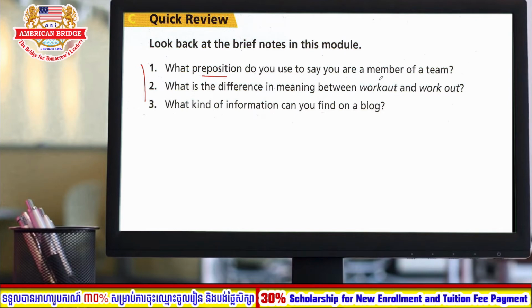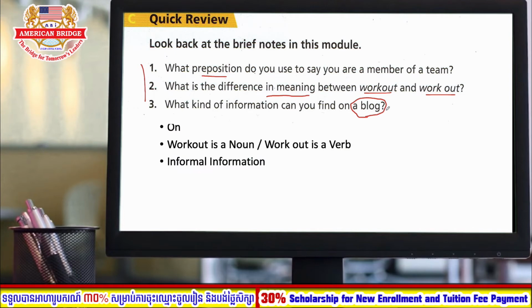What is the difference in meaning between the word "work out" and "workout"? What kind of information can you find on a blog? You learned about a blog in another unit about the therapist. So here are the answers.